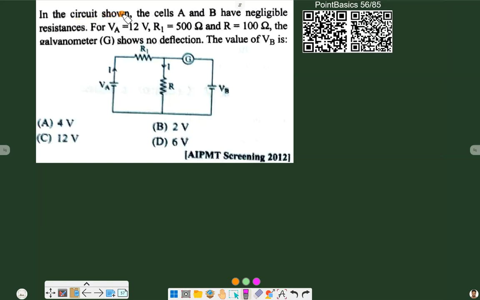In the circuit shown, the cells A and B have negligible resistance for VA 12 volts. So this is a 12 volts battery. R1 is 500 ohm and R is 100 ohm. The galvanometer shows no deflection. The value of VB is. Now, as mentioned, the galvanometer is showing no deflection.